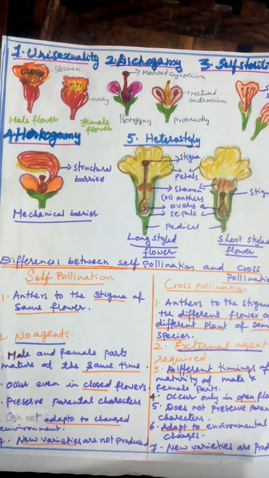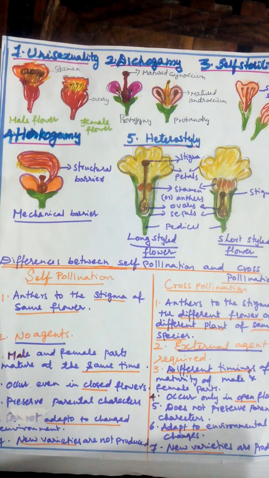Once again, the differences between self-pollination and cross-pollination. In self-pollination, the transfer of pollen grains from the anthers to the stigma of the same flower, autogamy, takes place. In cross-pollination, the transfer of pollen grains from the anthers of one flower to the stigma of another flower of a different plant of the same species takes place and is called allogamy.